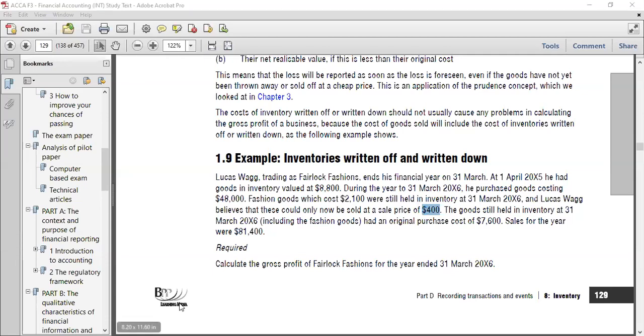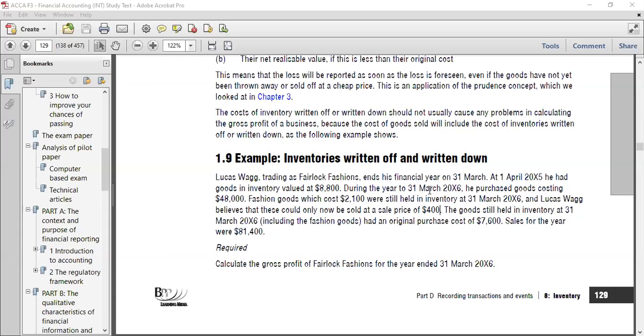Okay, so based on that, we are going to now see how to value our inventory. Now, one of the things that you need to know, and you can note this, is IAS 2, okay? The standard says that we should value inventory at the lower of cost and the net realizable value, okay?